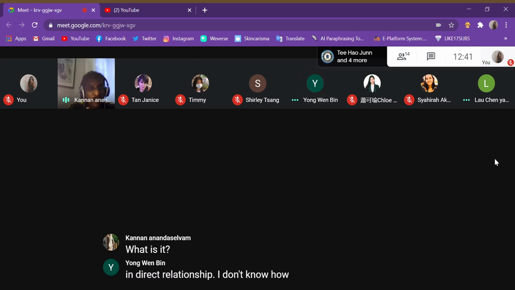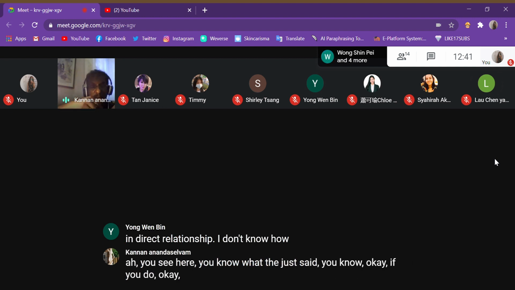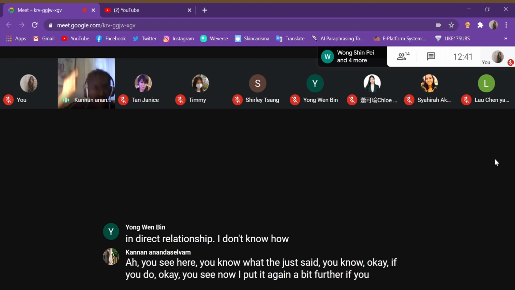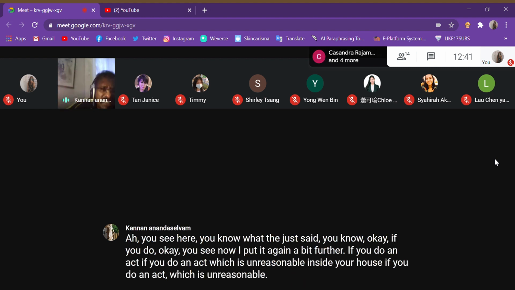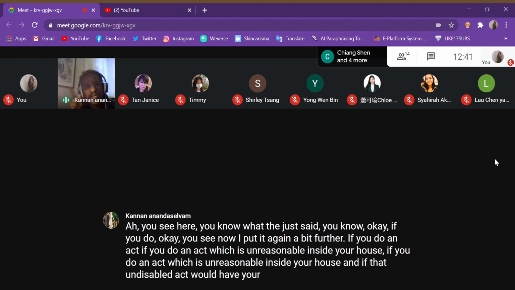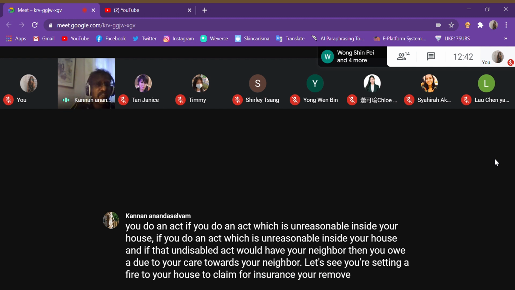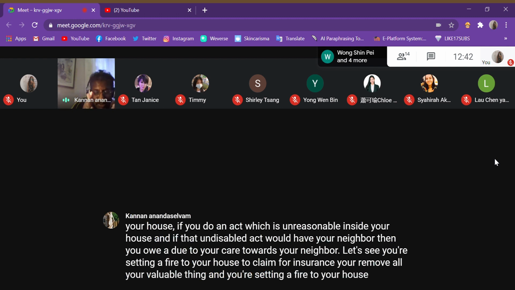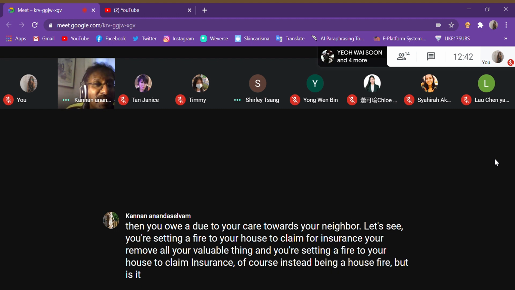You know what the judge said? Now I put it a bit further. If you do an act which is unreasonable inside your house, and if that unreasonable act could harm your neighbor, then you owe a duty of care towards your neighbor. Let's say you are setting fire to your house to claim insurance. You have removed all your valuable things and you're setting fire to your house. Is it endangering the neighbor's house?